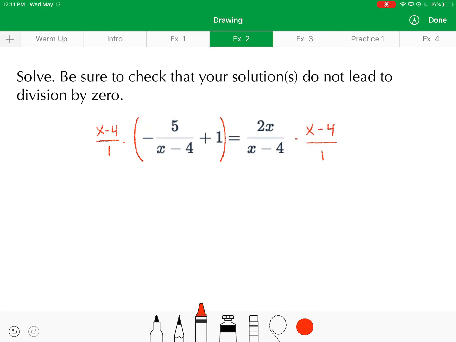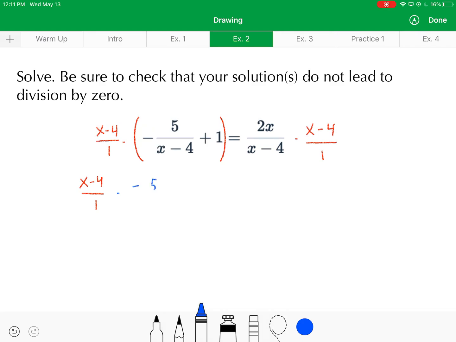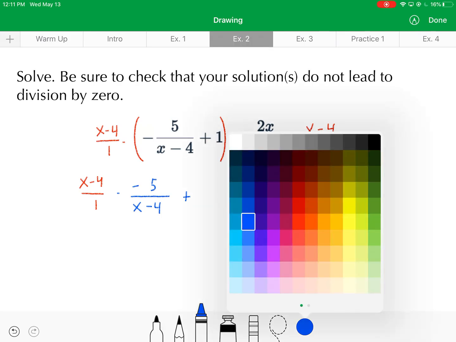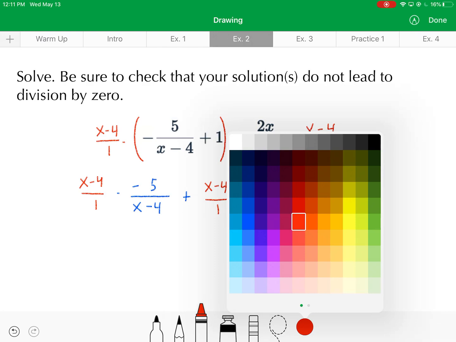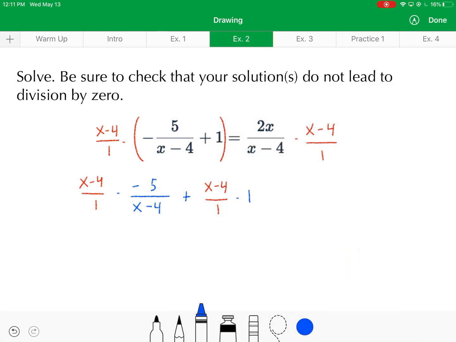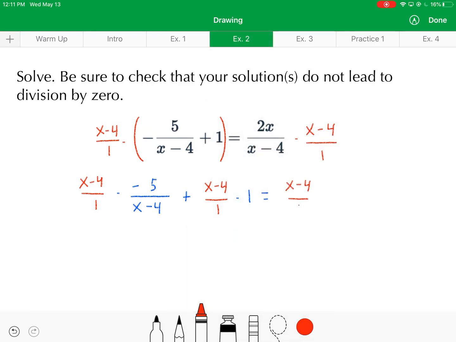So initially that will look like x minus 4 over 1 times negative 5 over x minus 4 plus x minus 4 over 1 times 1 equals x minus 4 over 1 times 2x over x minus 4.